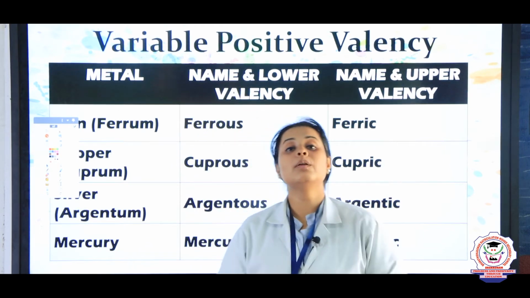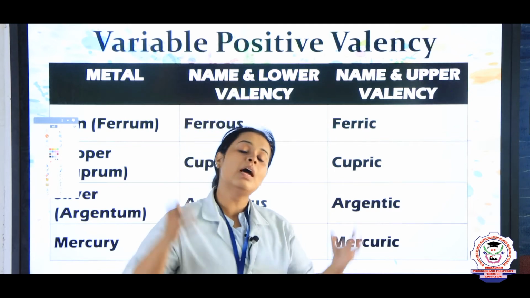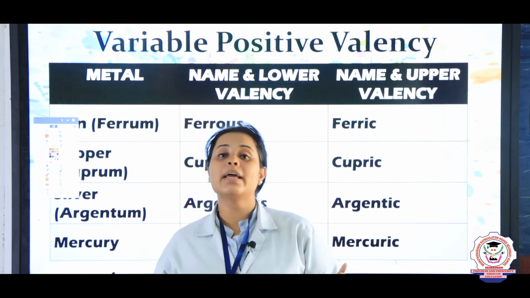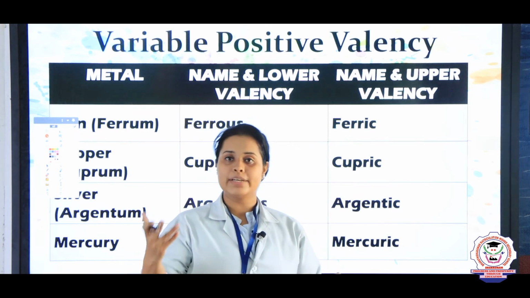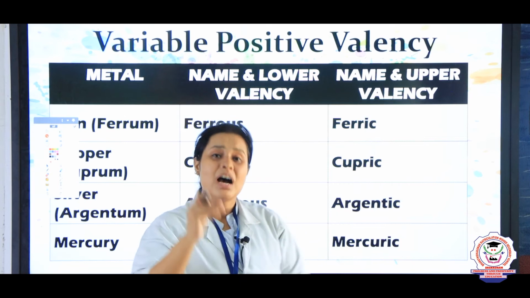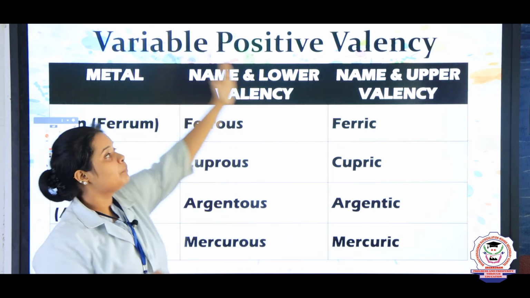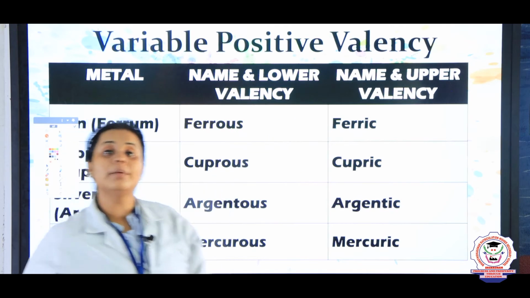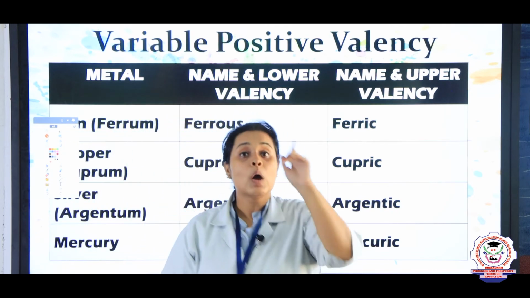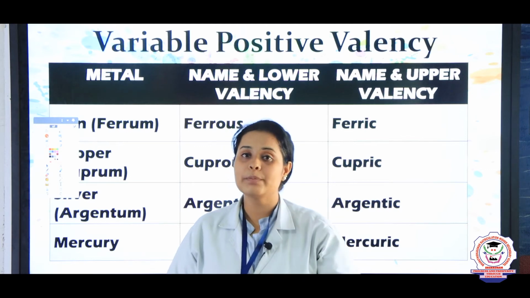Students, now let us come to the concept of valencies, and here we should first know what the types of valencies are. There can be positive valency or negative valency due to the removal or addition of an electron. Other than that, there is one more type of valency known as variable positive valency. Variable means many, that means one element can have more than 3 or 4 types of valency.